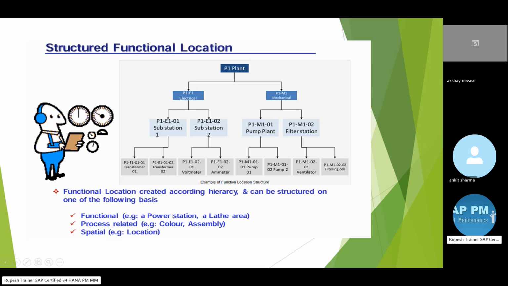Function means like your boiler, turbine, cooling system, compressor. Spatial means according to the location. You can use any. It's not that you need to go only this way. You can structure in anything. Finally, the business should be able to understand the structure.